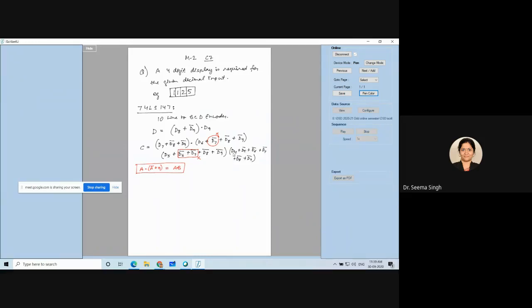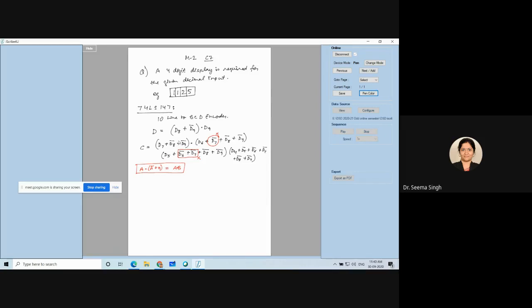Can D4 get absorbed? No, it is coming for the first time. D5 bar, can it be absorbed? Is a complement of D5 bar available? Yes, it is available in another term. So this D5 bar will get absorbed. In the same way, D6 bar will get absorbed, because of this D6.